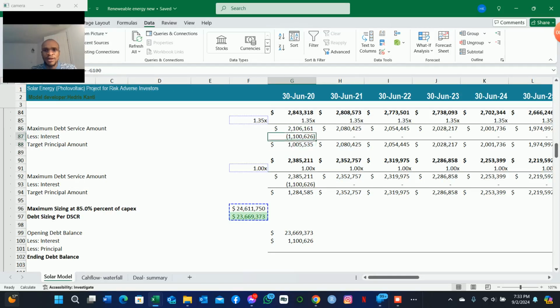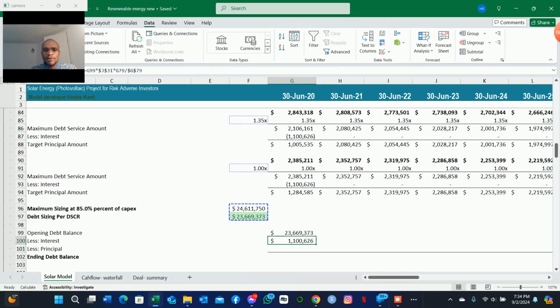So we are saying that after the interest has been paid, whatever the balance is, we now have to use it to make payments for the principal amount.